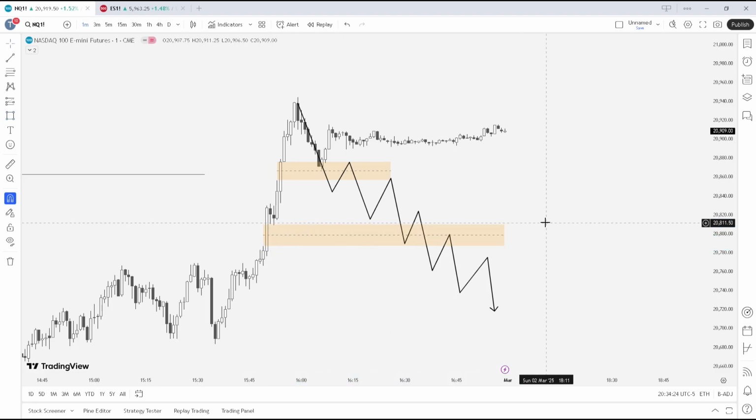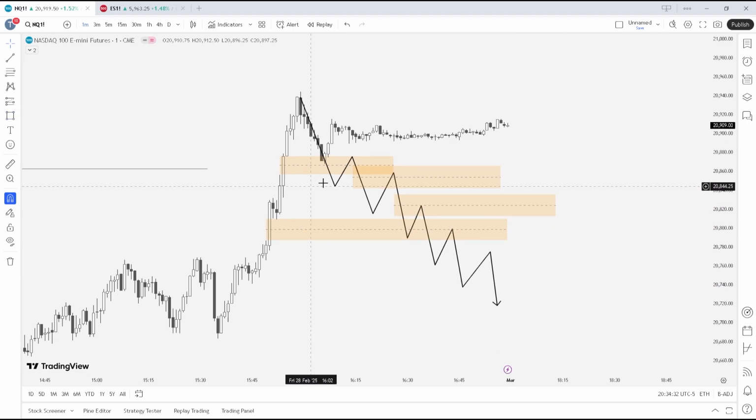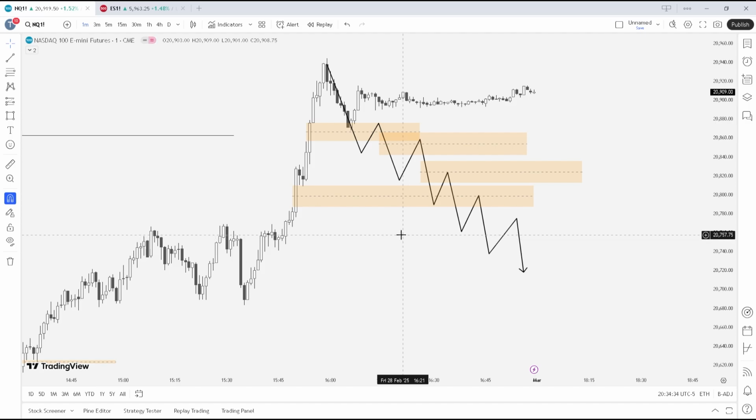Then on this move down, we would make some SIBIs and respect them, right? That's kind of what I would expect to happen if we were actually turning bearish here. But since it doesn't show this kind of bearish momentum, I would still expect that we are bullish overall.